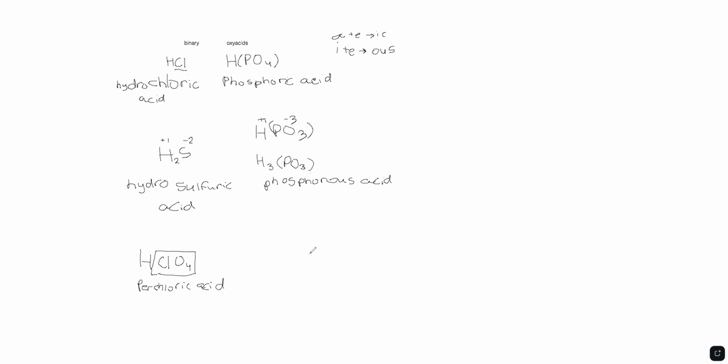So let's say we have this. This is formic acid. So we don't really have a trick for naming this. This is one of the ones you have to remember. It's kind of like polyatomic ions. So some of them have tricks for remembering.